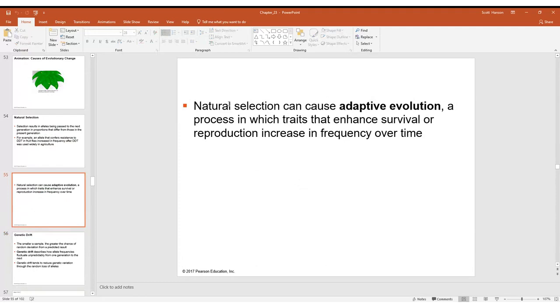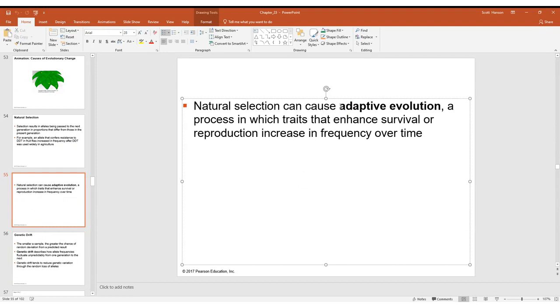So natural selection, in other words, in that case can cause adaptive evolution. Adaptive evolution then is the process in which traits that enhance survival or enhance reproduction increase in frequency over time.